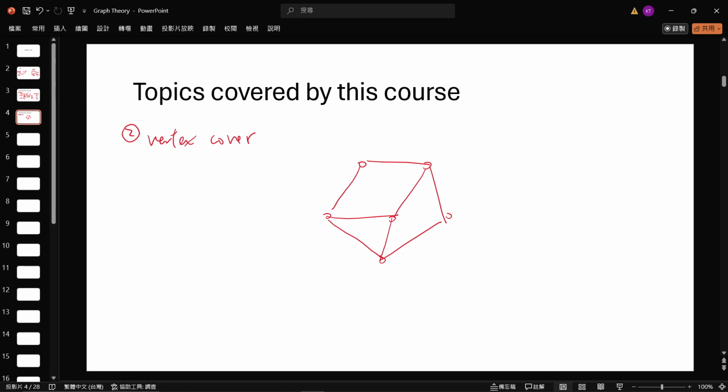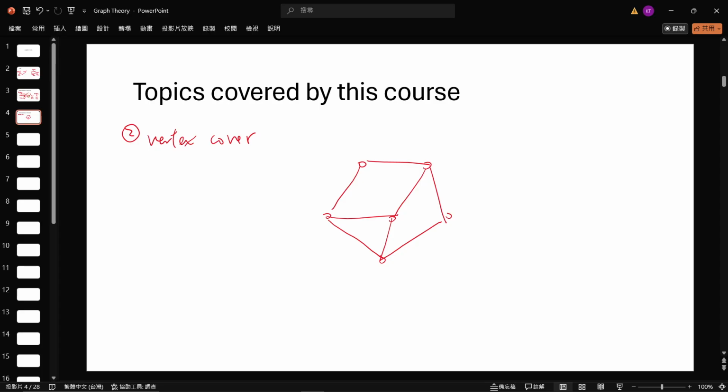For the vertex cover problem, your goal is to choose some vertices. I haven't defined vertex. Basically, a vertex is just a circle like this, or a dot. In graph theory, the correct terminology for this circle is vertex. Sorry, I should first define these terms.